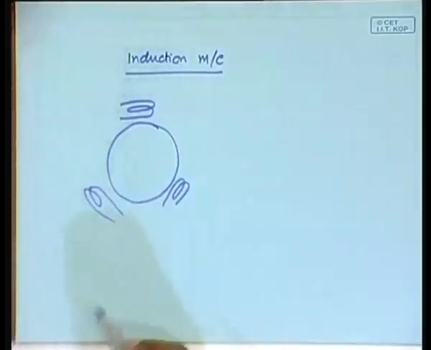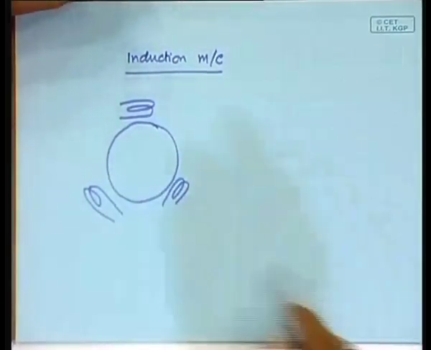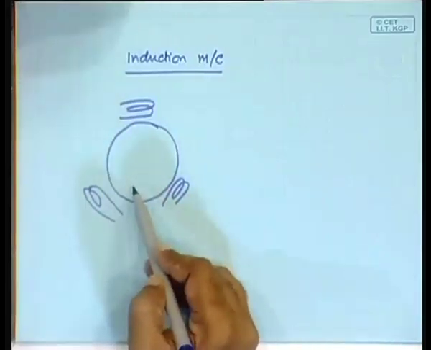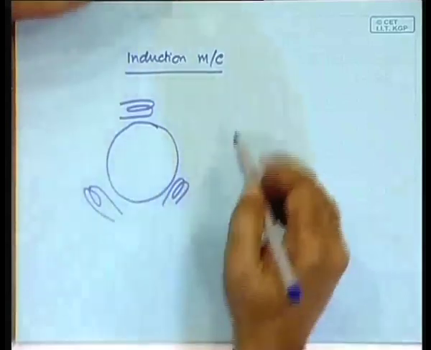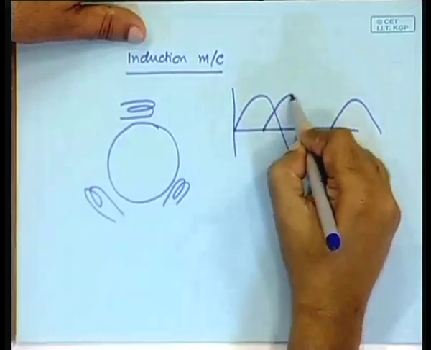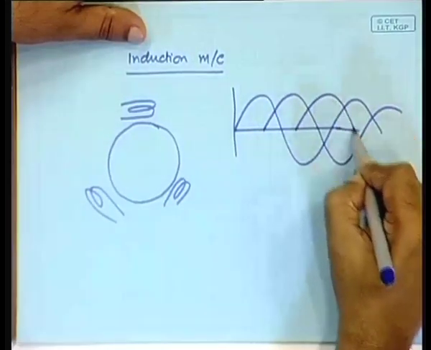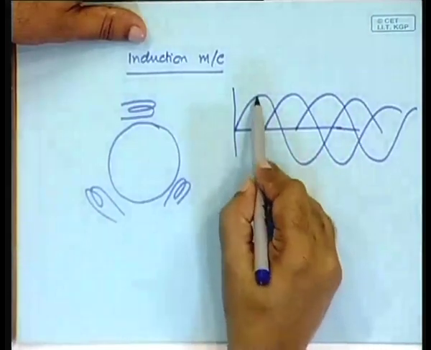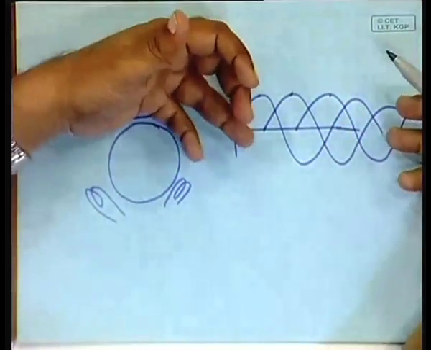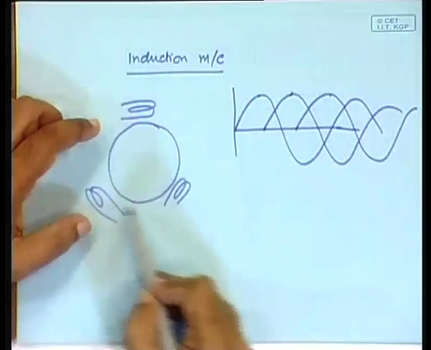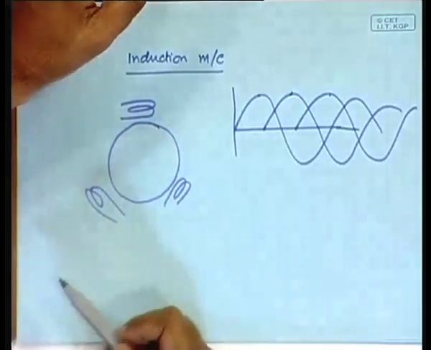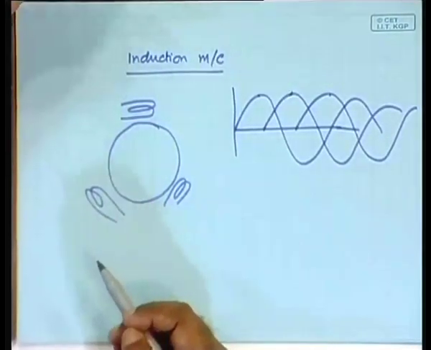Probably you have learnt that if you have a 3-phase supply where the 3 phases are 120 degree out of phase, like this, so from here to here it is 120 degree, from here to here it is 120 degree, and if the windings are also separated physically at 120 degree apart, then a rotating magnetic field is produced.